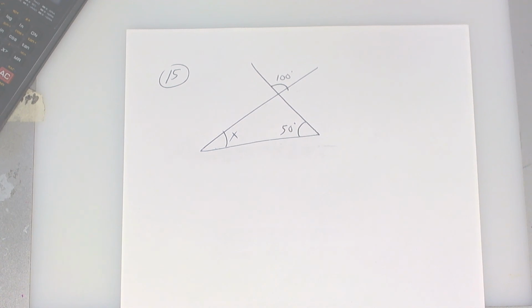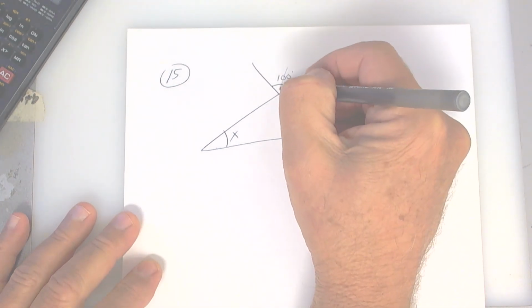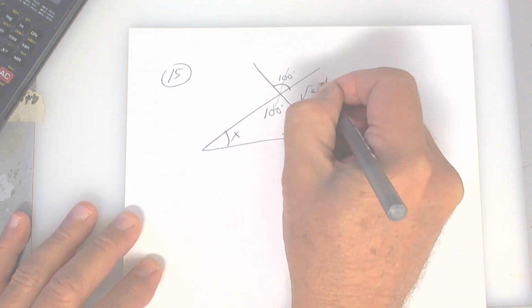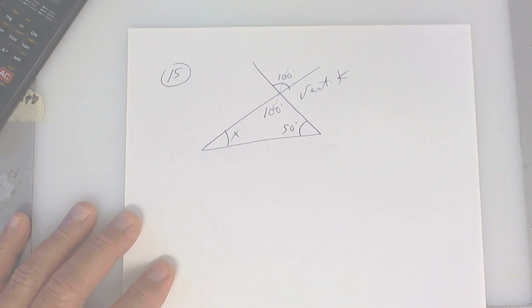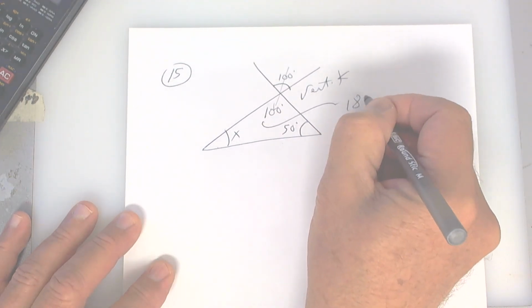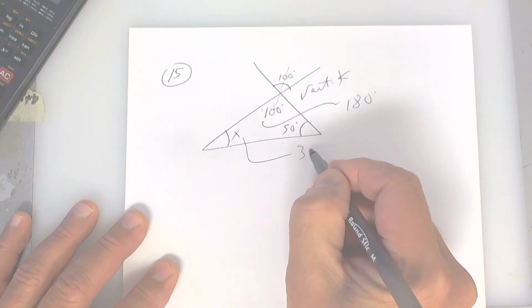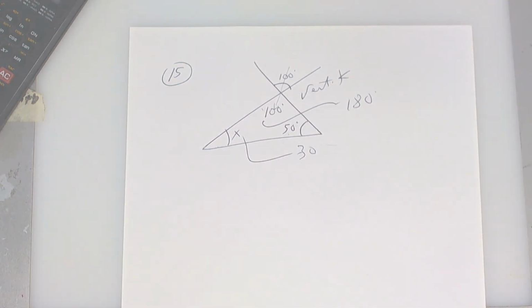All right, what you're going to do here is go vertical. So move this 100 over here, right across. So put 100, vertical. Vertical angles are always congruent, and this triangle is worth 180 by the triangle sum theorem. Well, this is 150, so this has to be 30. Real simple, just by using vertical angles.